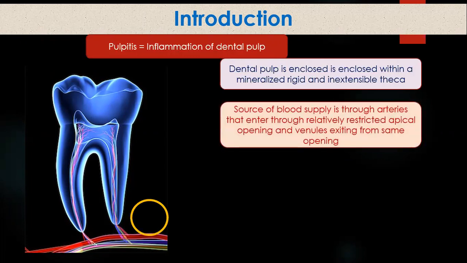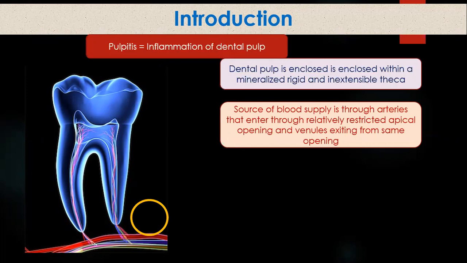Next, the source of blood supply is through the arteries that enter through a relatively very restricted apical opening, right? And the venules also exit through the same opening. So it's a very small area through which it enters and exits, and also it lacks collateral circulation, which makes it difficult to survive during times of inflammation.